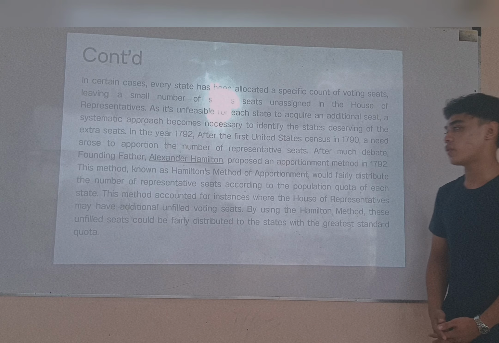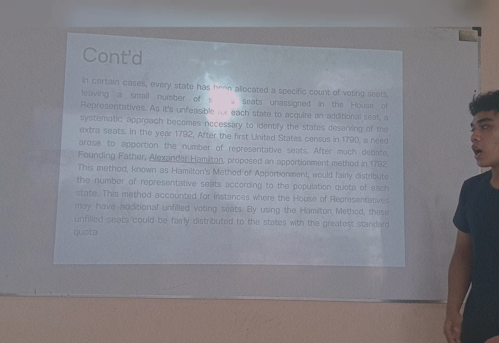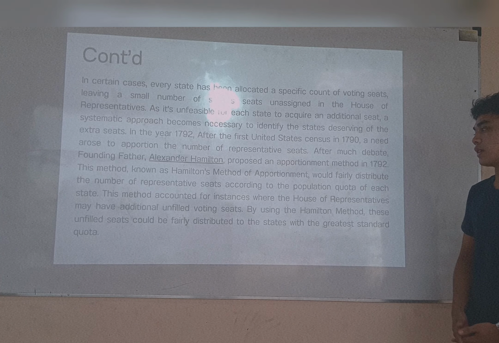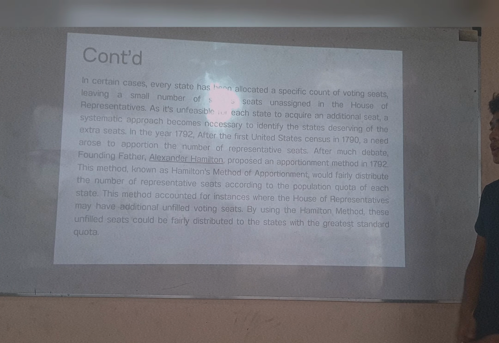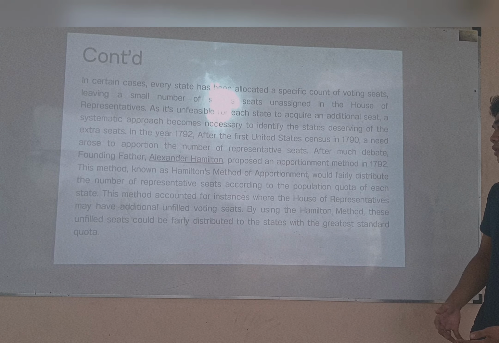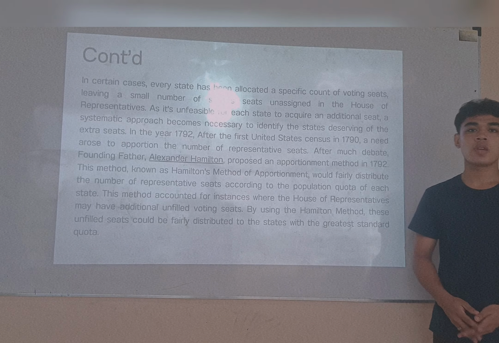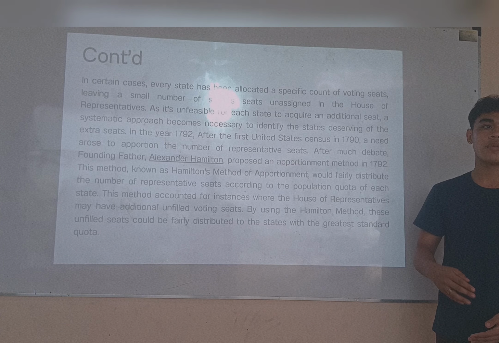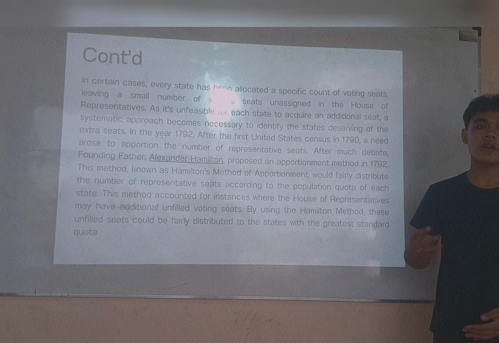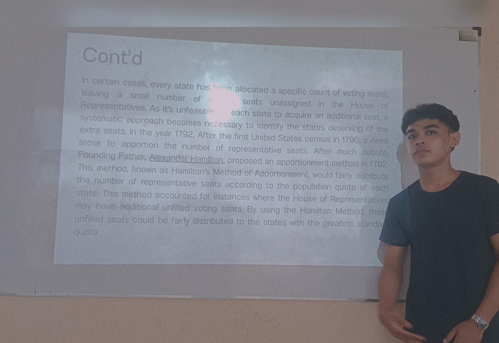This method accounts for instances where the House of Representatives may have additional unfilled voting seats. By using Hamilton's method, these unfilled seats can be fairly distributed to the states with the greatest quota. So in order to understand Hamilton's method, we're going to dig deeper through 5 different examples which utilize the method.